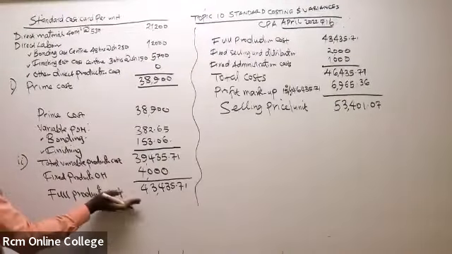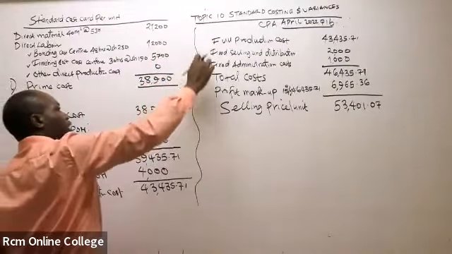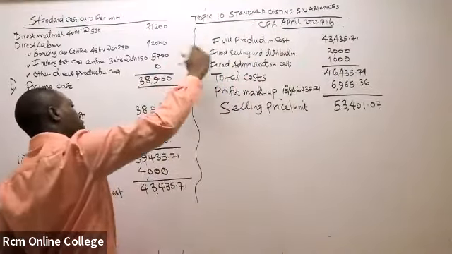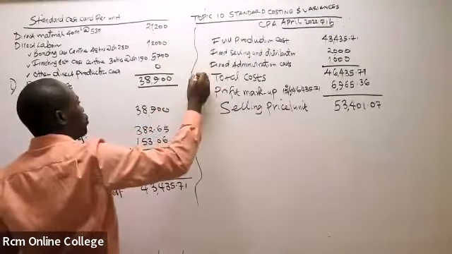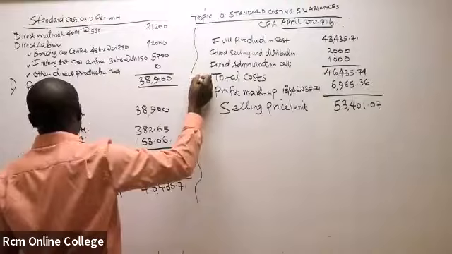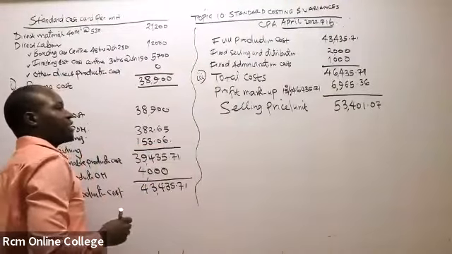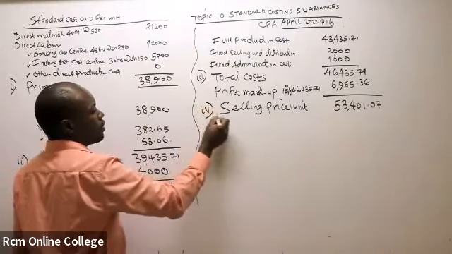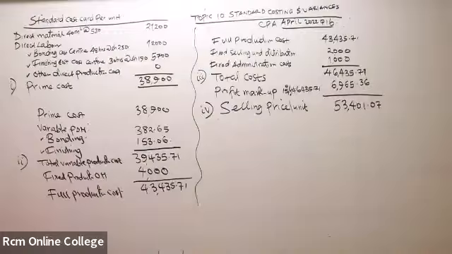That is why to the full production cost, we add the non-production cost. That is fixed selling and distribution, has got nothing to do with production, and fixed administration cost, it has got nothing to do with production, to give us the answer to Roman 3 of our question. Then the last part, we are being told to get selling price per unit. So that's what we are required to do.